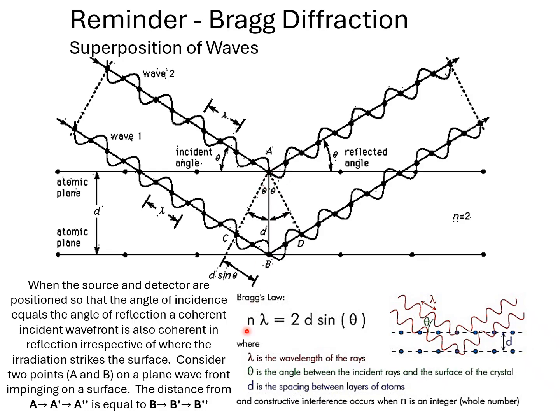The Bragg equation is simply n lambda equals 2d sine theta, which is just the condition, geometrically, where the waves are in phase when they're scattered from the two different layers, which are separated by a distance d.